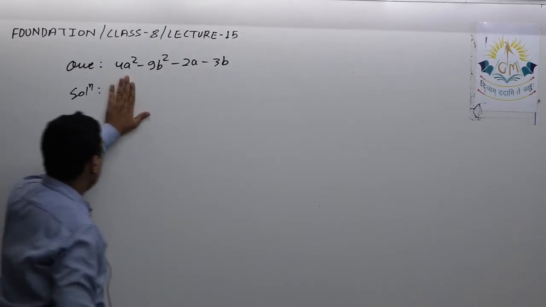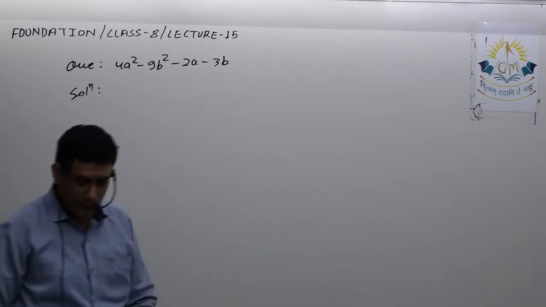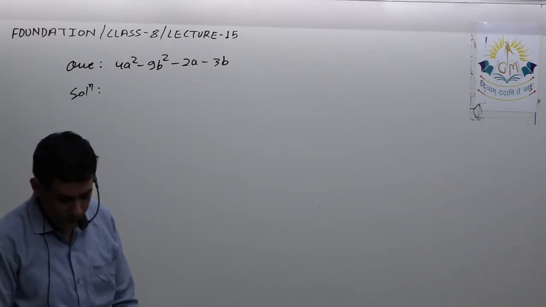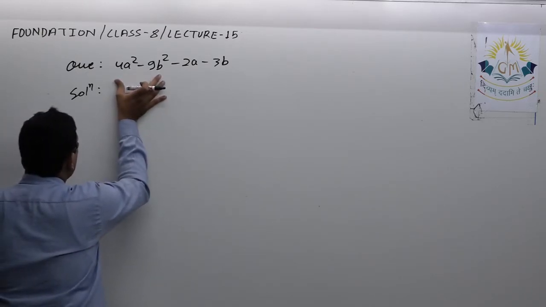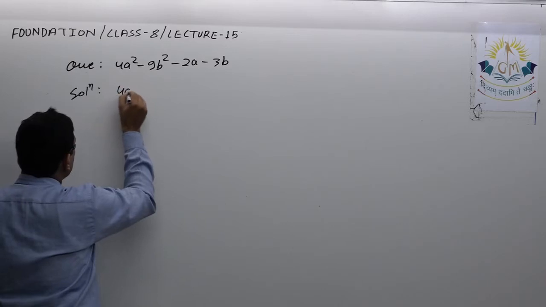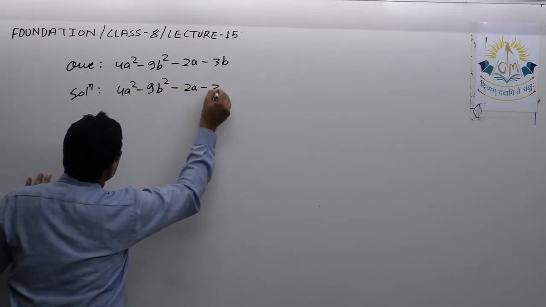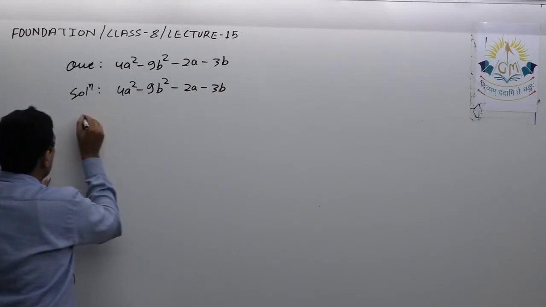Now definitely here again there is an identity of a square minus b square, but along with this there are some extra terms as well. So see here definitely I can apply the identity, so I will start with that, and then I will check what I can do with the remaining terms of the expression.